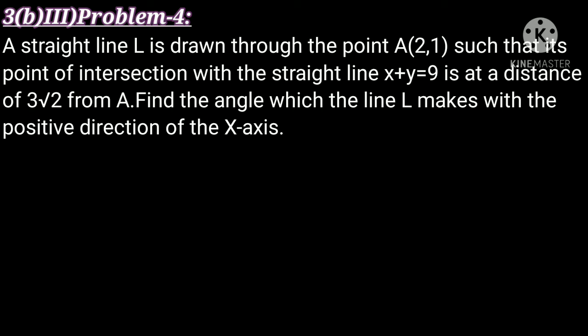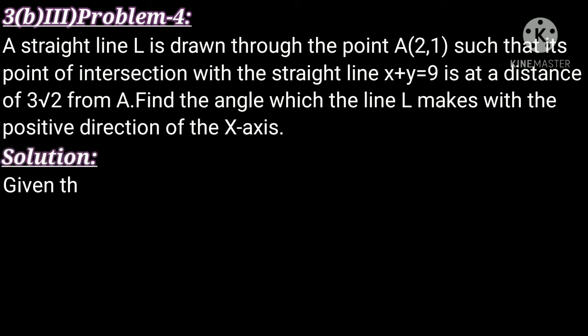Then we will substitute that point of intersection in the given line x plus y equal to 9, and by using these values we can find the angle theta value. Now we will solve the problem.